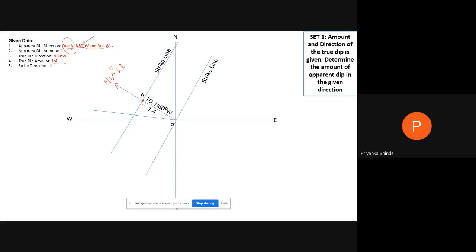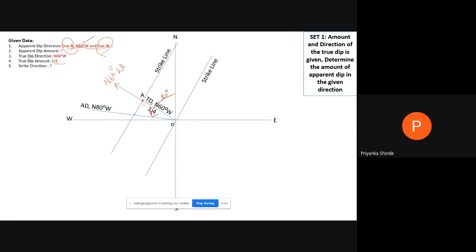So remember, taking north as 0, we have to measure towards west 80 degree and draw a line. Then due west, what is the amount we have to find out? So this is how we are going to proceed further. So this is the apparent dip direction, that is north 80 degree west.